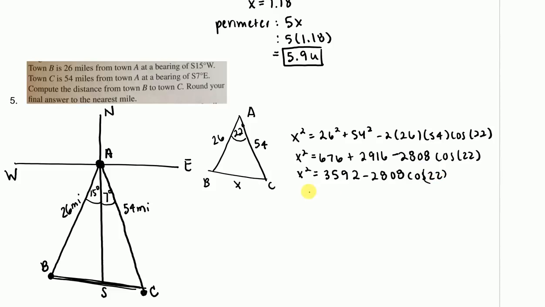And then simplifying that right-hand side, that gives us about 988.5. So then when we square root and find that missing side, we find that the distance between those two towns, rounded to the nearest mile, is 31 miles.